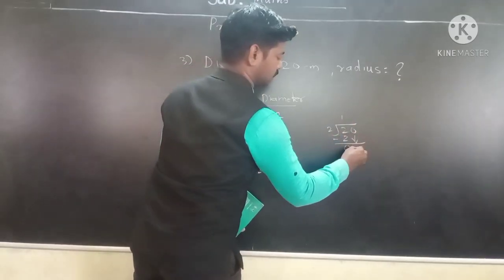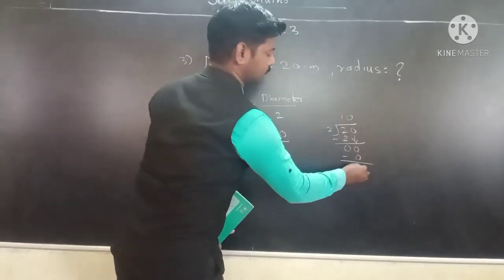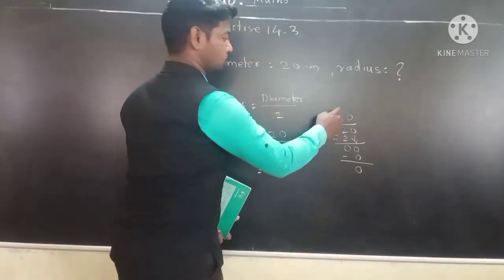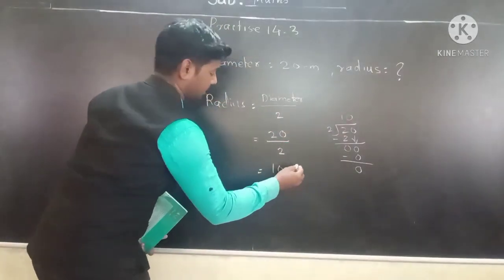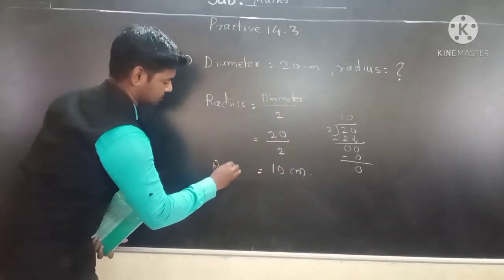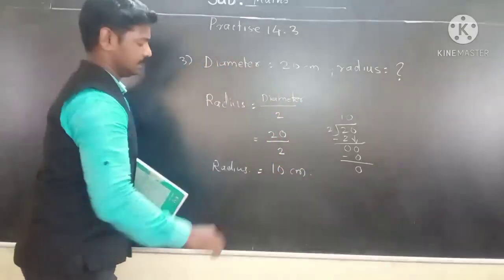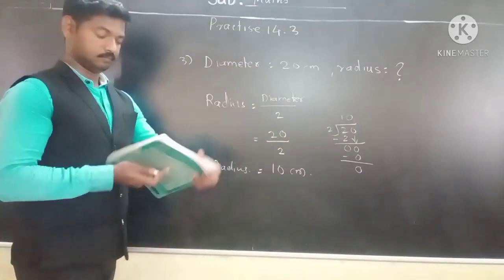Then 0 will come down, 2 zeros are 0. So what is the remainder? 0. Okay, and what is the quotient? That is 10. This is our answer, 10 centimeters. Okay, so the radius is 10 centimeters. Understood? Right.